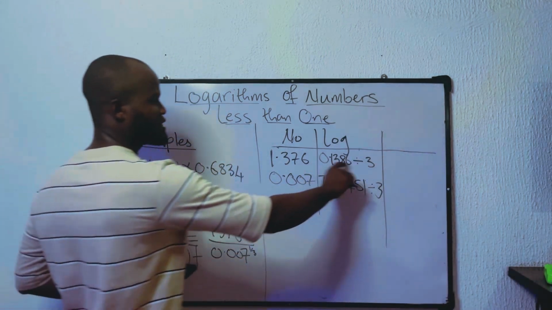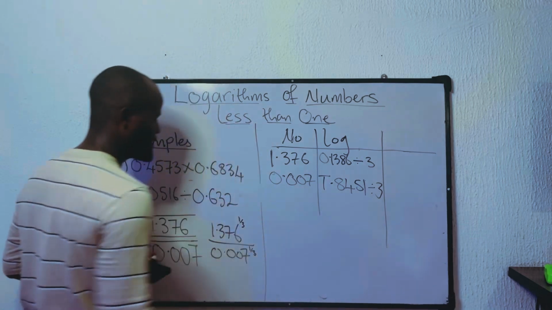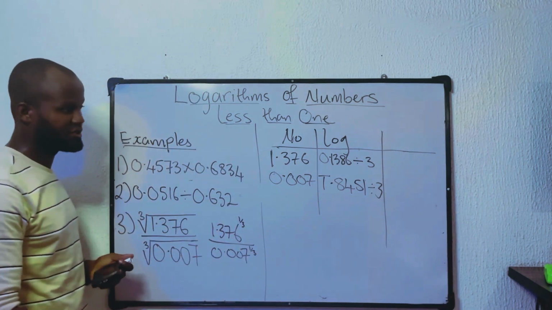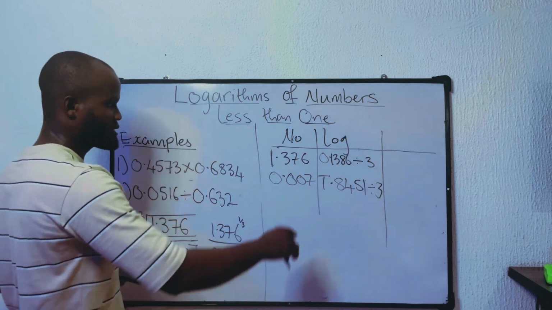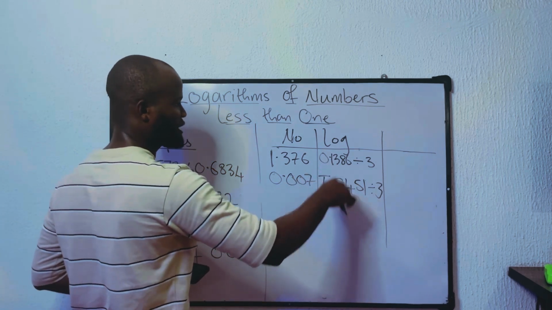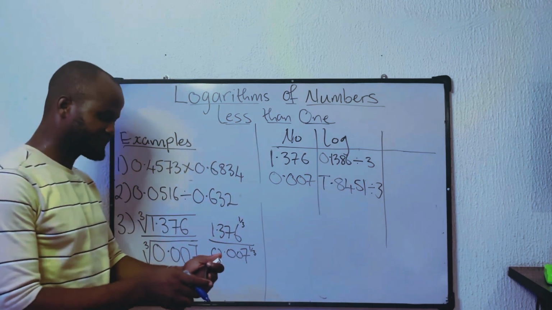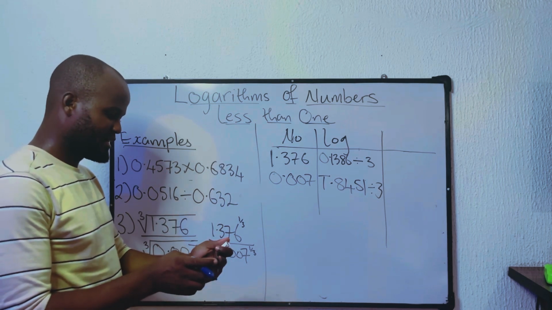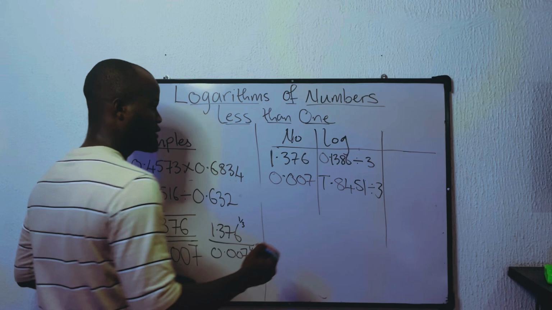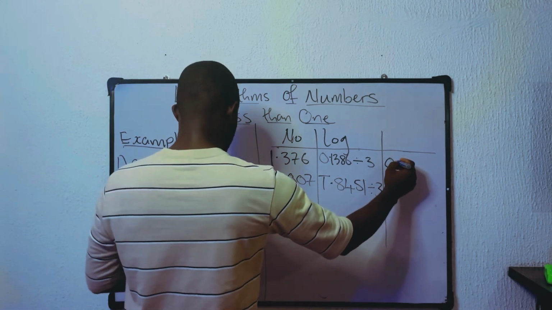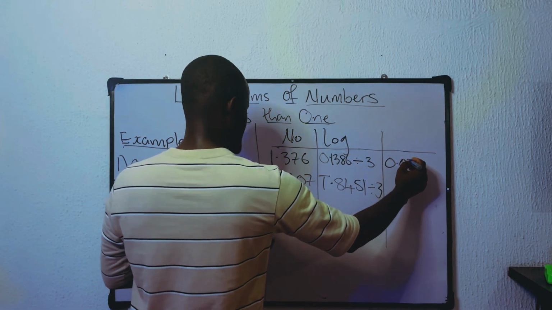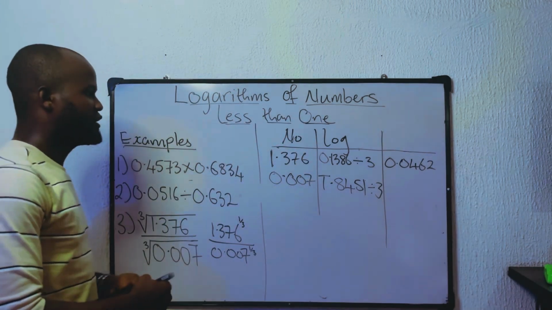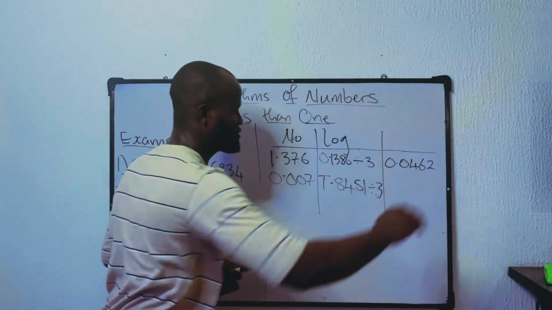So whatever answers we get, we reflect it here, and then we perform the operation of division, which is subtraction in logarithms. So let's find out first 0.1386 divided by 3. That gives you 0.0462. Okay, this is easy, straightforward.